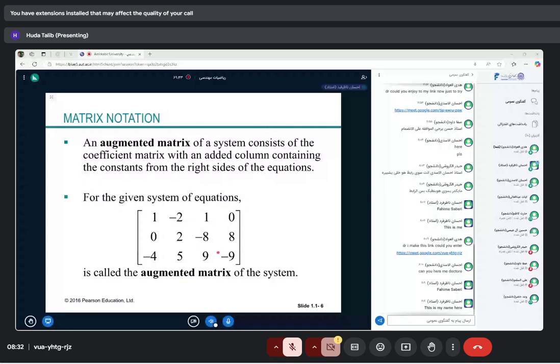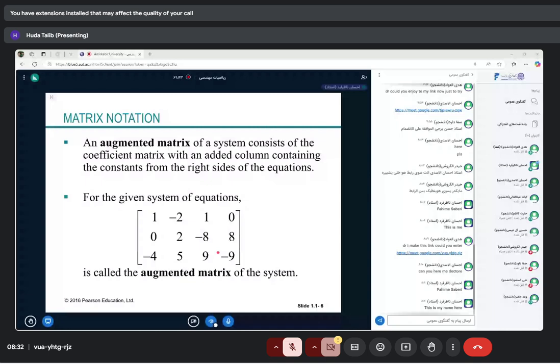So, for instance, the goal is to remove x1 from the third row. We multiply the first row by 4, giving 4x1 minus 8x2 plus 4x3 equals 0.